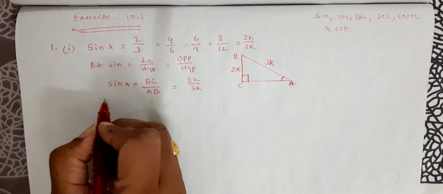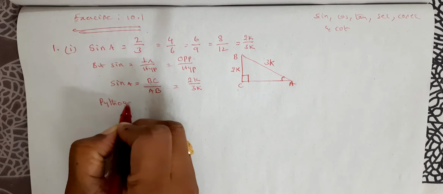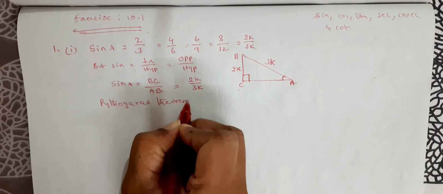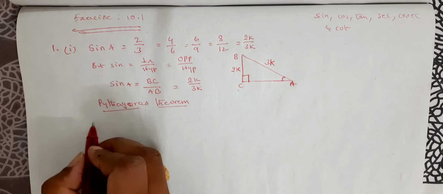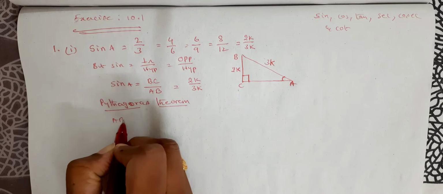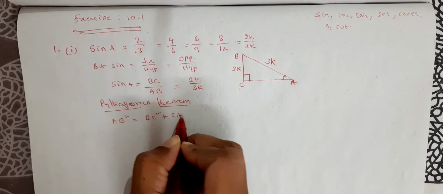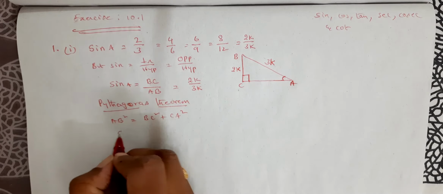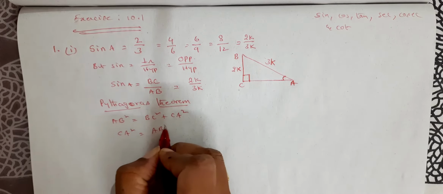How do we find out? Yes, from Pythagoras theorem. So using Pythagoras theorem, we have hypotenuse square AB square is equal to BC square plus CA square, or what is now needed is CA. So I'll write this equation as CA square is equal to AB square minus BC square.